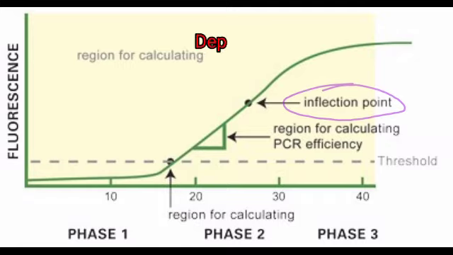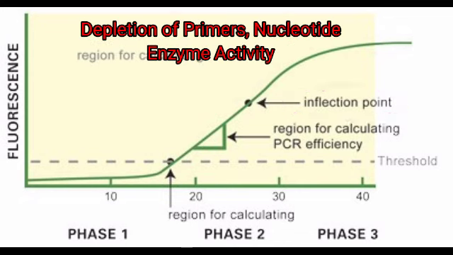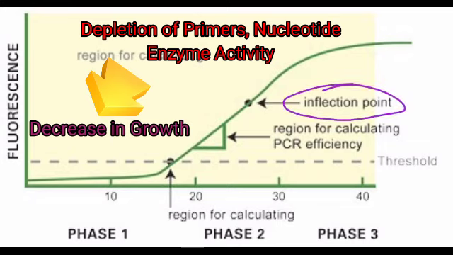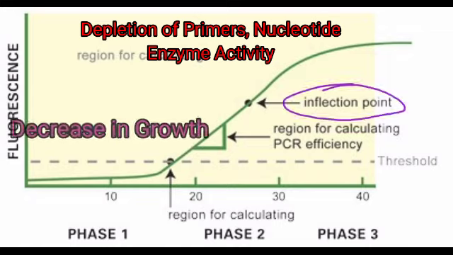Utilization of limited resources such as the primers, nucleotides, and even enzyme activity available in the reaction vessels eventually starts to limit the growth. The PCR can no longer proceed at its theoretical maximum, unlimited efficiency.